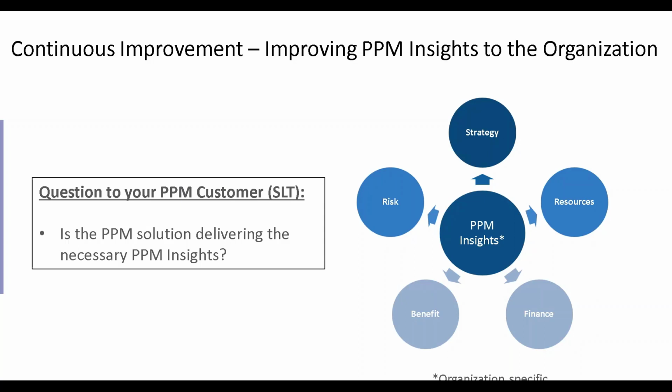And I'll close on this topic of continuous improvement with just one question or one perspective, which is that we're doing PPM and Project Online to provide insights to the organization. In your particular case, it could be because you're trying to see how aligned your spend and initiatives are to strategy.